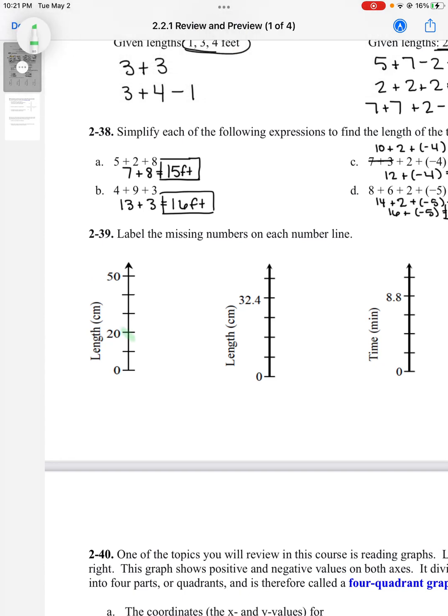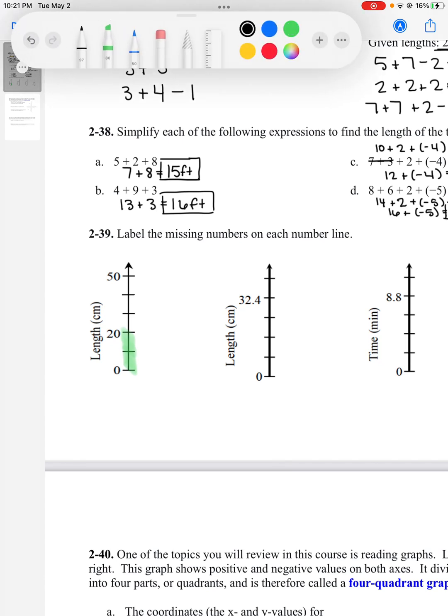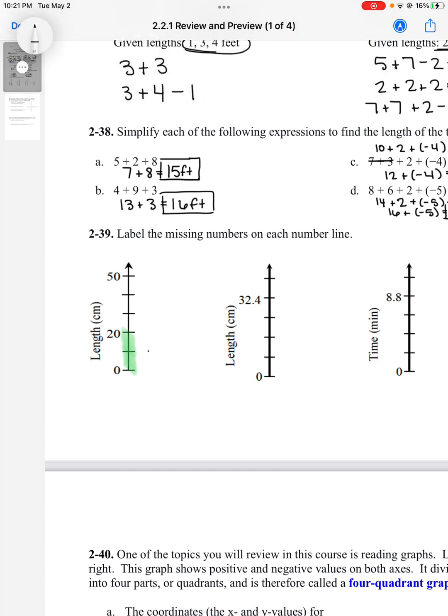But I also look at here. So between 20 and 0, there's 2 spots. Okay, two equal spots. So what I'm going to do then is 20 divided by 2, which is 10. So each one is growing by 10. And then I can fill it in to see if I'm correct.